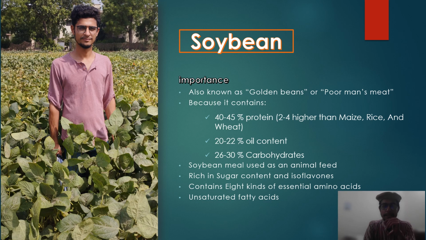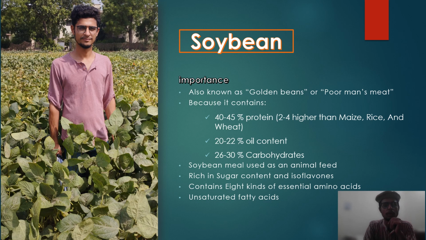We literally gained 40 to 43% protein in our cultivars. I have proof; if you want, you can comment down and I'll show you. It also contains 20 to 22% oil content and 20 to 26% carbohydrate.